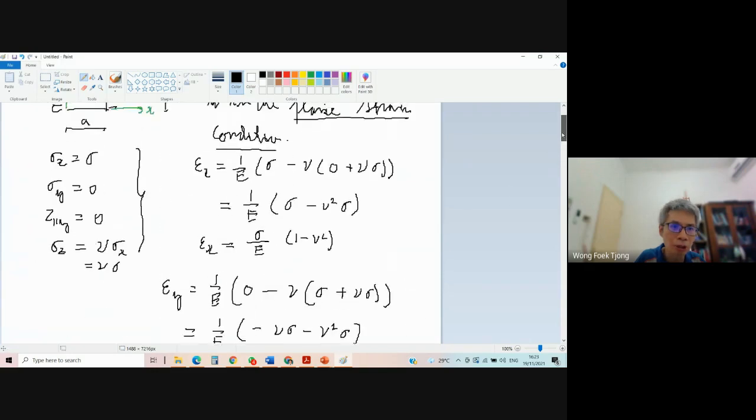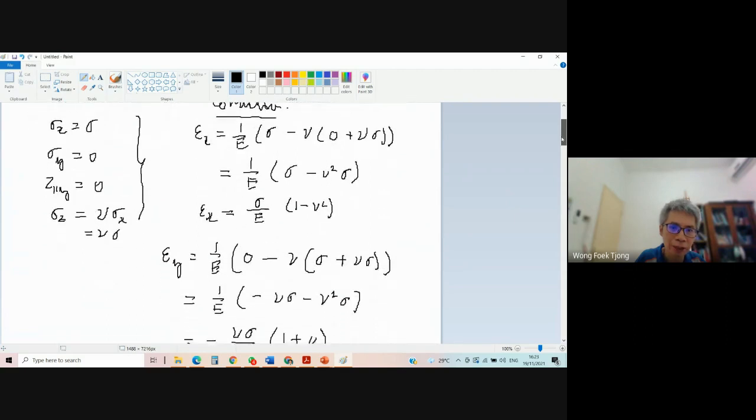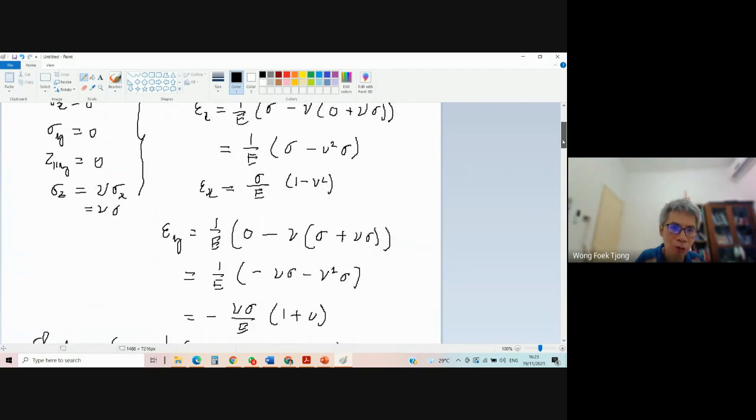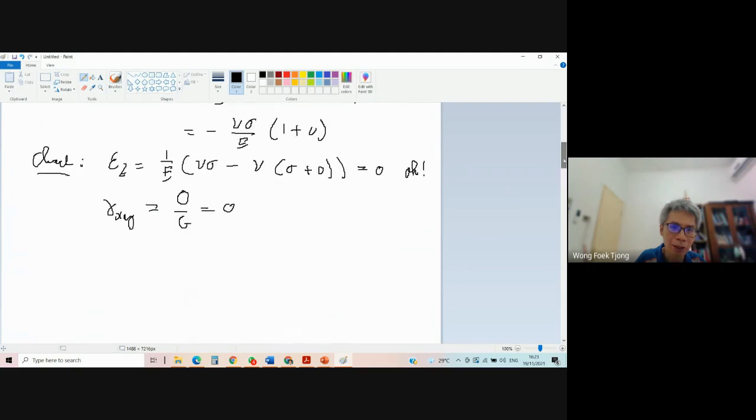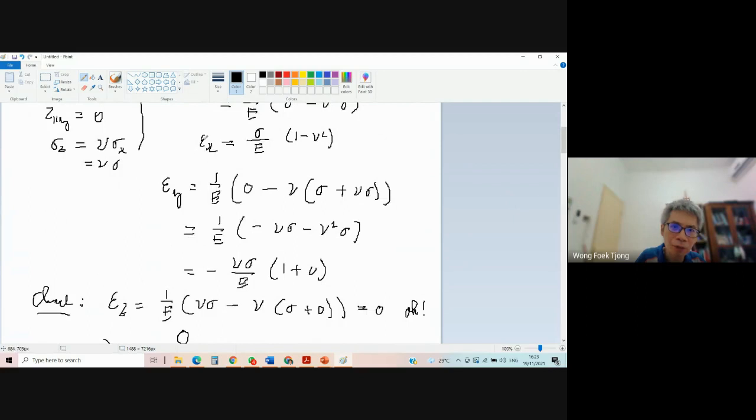So the non-zero strains are epsilon x and epsilon y. Let me highlight that these are the non-zero strains, epsilon x and epsilon y here.